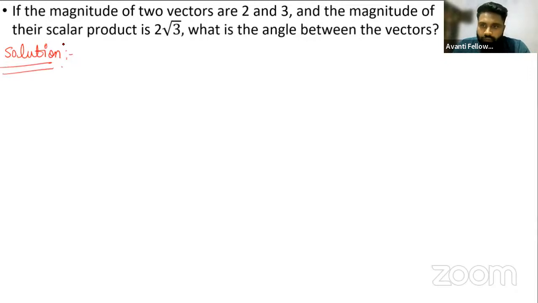Now, we know the formula of dot product, which is A vector dot B vector is equal to the magnitude of A, magnitude of B into cos theta.